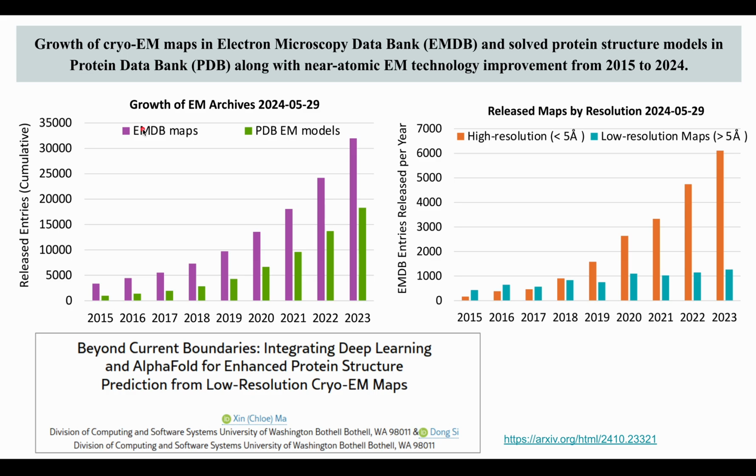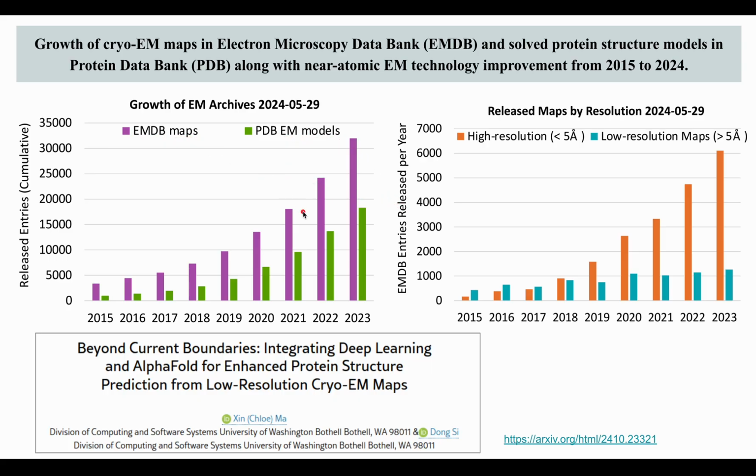If we look at the growth of cryo-EM maps in the Electron Microscopy Data Bank and solved protein structure models in PDB with near-atomic EM technology improvement from 2015 to 2024, this is the paper from where I have taken these graphs. As you can clearly see, EMDB maps have increased in the number of released entries with passing years as compared to PDB electron microscopy models.